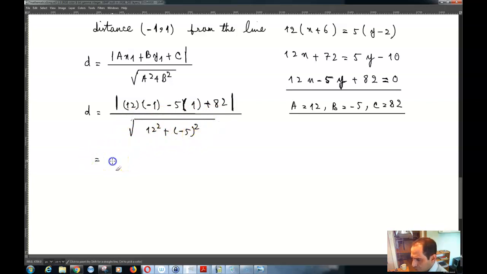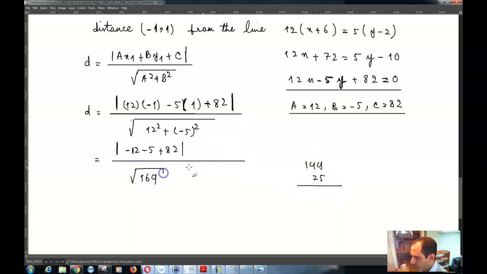That is equal to the absolute value of -12 minus 5 plus 82 over the square root of 144 plus 25, which is equal to 169, and that is equal to, of course, 13.